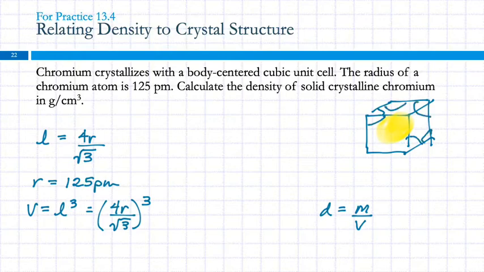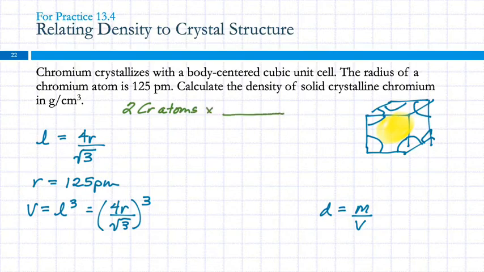So the atoms at the corners, there's 8 eighths, so that's one atom, plus the one in the middle, 2 atoms. So what we want is the mass of 2 chromium atoms. We haven't thought about things like that for a while, but we should be able to do that.